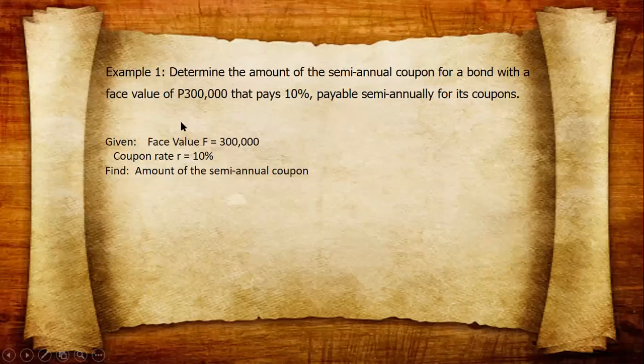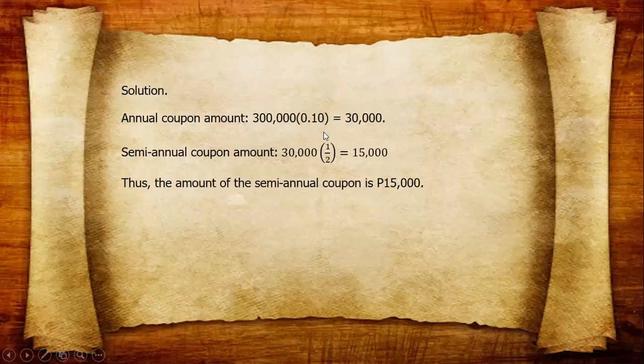Convert it into decimal: the point moves two places to the left. 1, 2. So it becomes 0.10. So 300,000 times 0.10 is equal to 30,000 pesos.